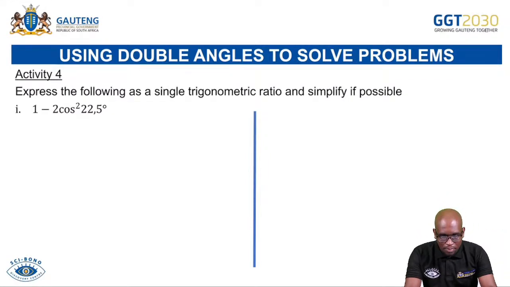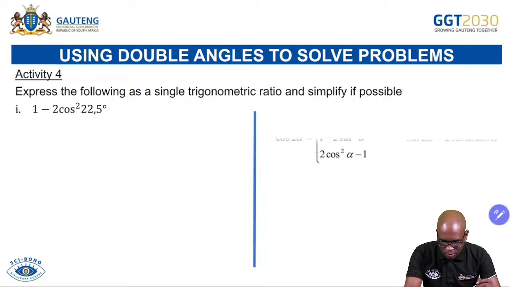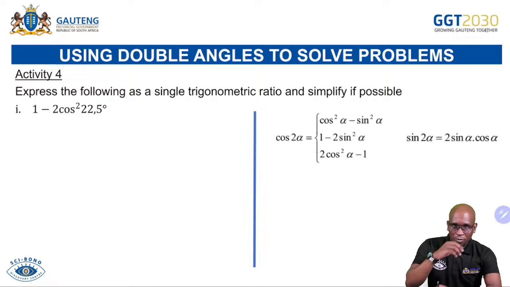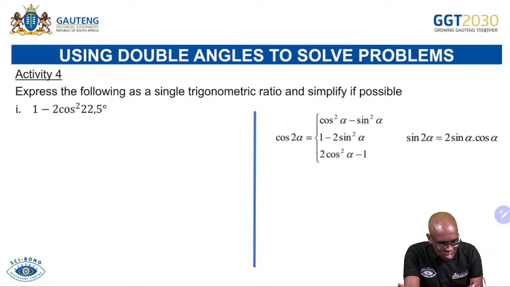Right, hello and welcome back. Okay, let's look at this one that I gave you. I'll check with our glossary. Obviously, we are always making reference to our formula sheet. Now, if you check, this is 1 minus 2 cos squared, we see it looks like this one.